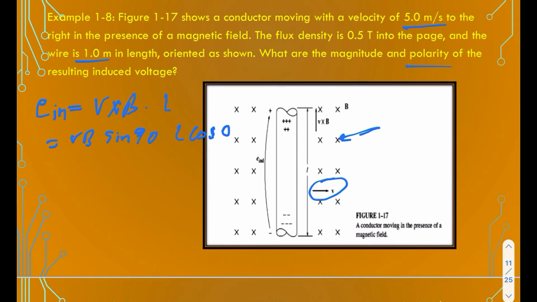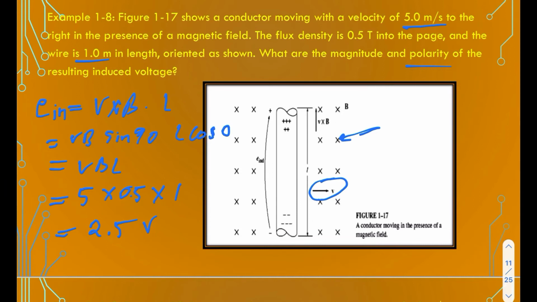Sine 90 is 1, cosine 0 is 1, so we'll have V B L. Substituting, 5 multiplied by 0.5 Tesla multiplied by 1 meter length, the answer will be 2.5 volt.